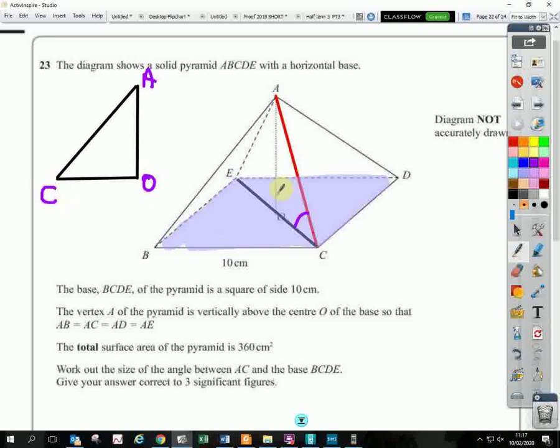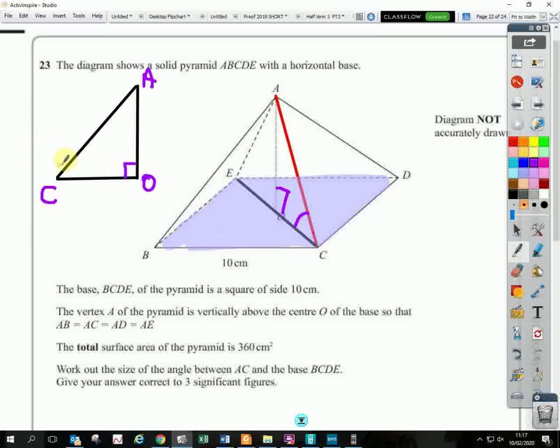Now, it's hard to see from this direction, but the black line and the dotted line are perpendicular to each other, because the black line sits on the horizontal plane and the dotted line is vertical, and the angle between a vertical and a horizontal is 90 degrees. So it's 90 degrees here.